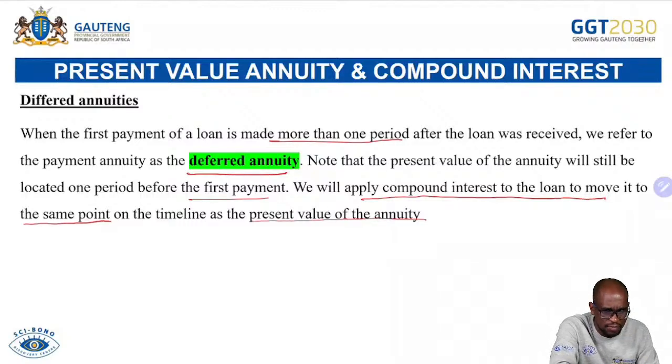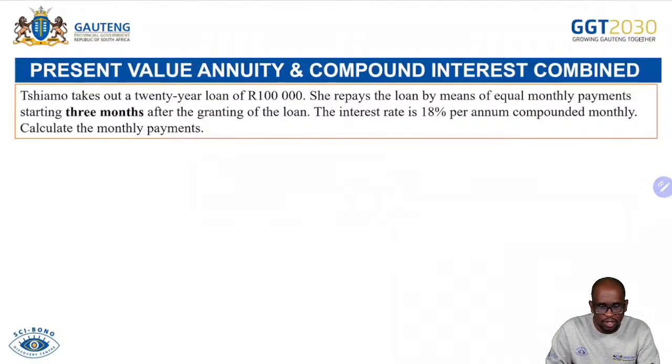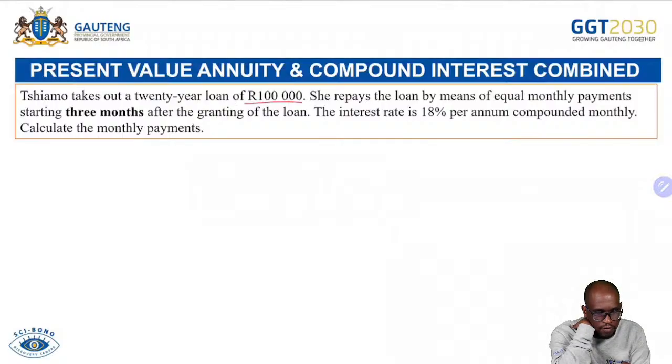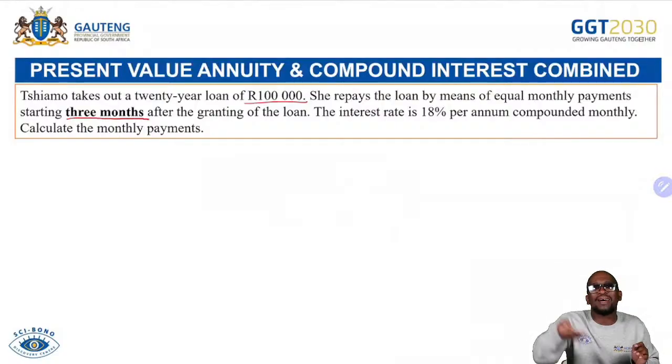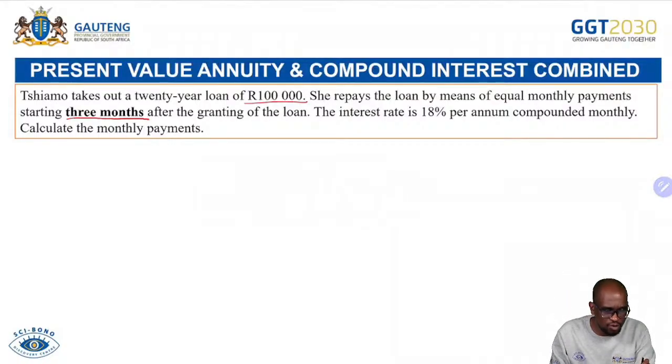All right, let's look at a practical problem that would govern that deferred annuity. Siamo takes out a 20-year loan of 100,000. She repays the loan by means of equal payments starting 3 months after granting of the loan. You see now, Siamo is paying monthly, and now he starts 3 months after granting of the loan.